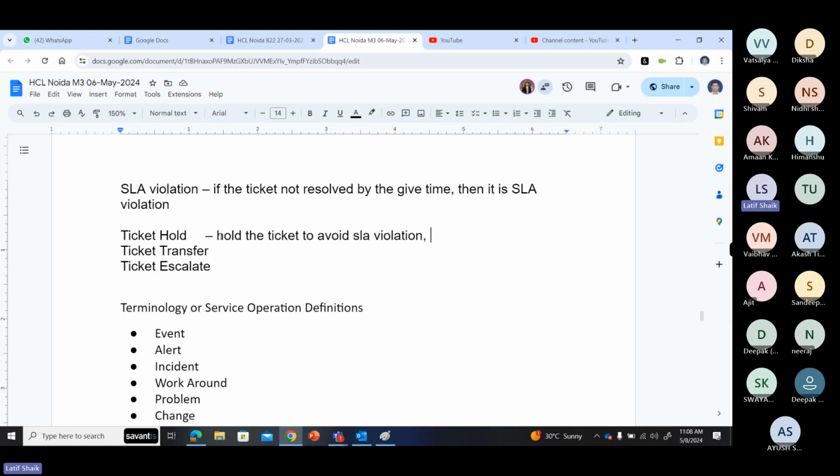That is point number 1. So what is point number 2 in holding a ticket? Why should we hold it? Not for fun, right? Your task has to be completed within 8 hours.